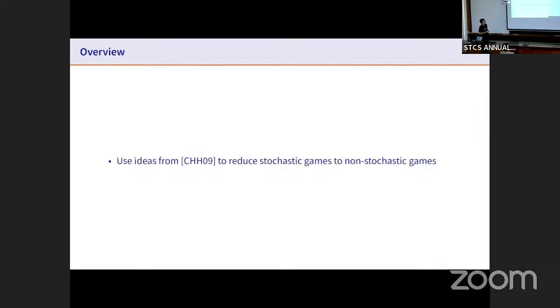We used ideas from some older papers for that. We used ideas from this 2009 paper to show how to reduce stochastic games to non-stochastic games. A non-stochastic game is a stochastic game where you don't have any probabilistic vertices. Those are a special case, and we know how to solve those.